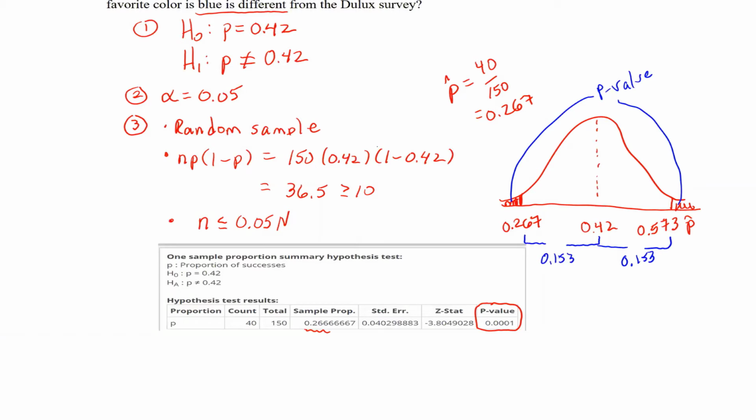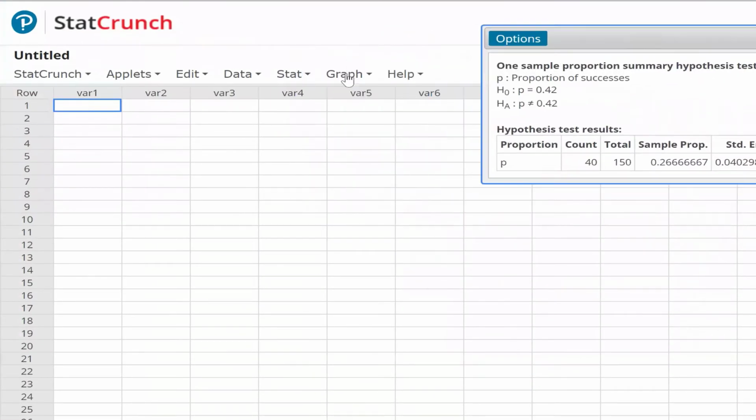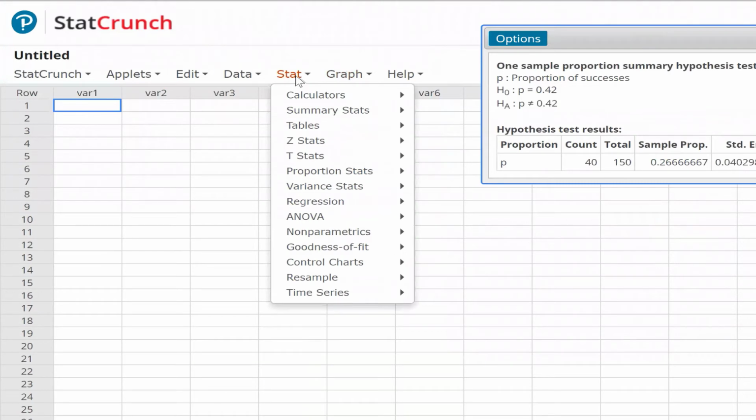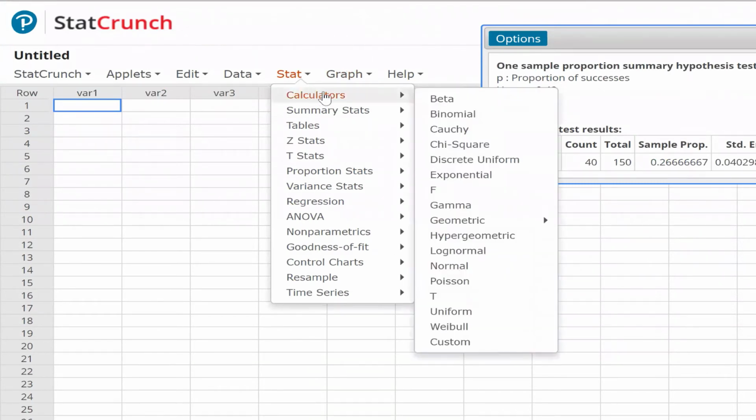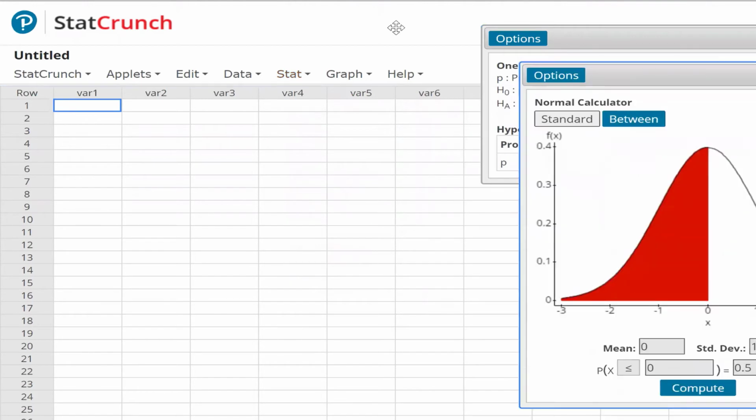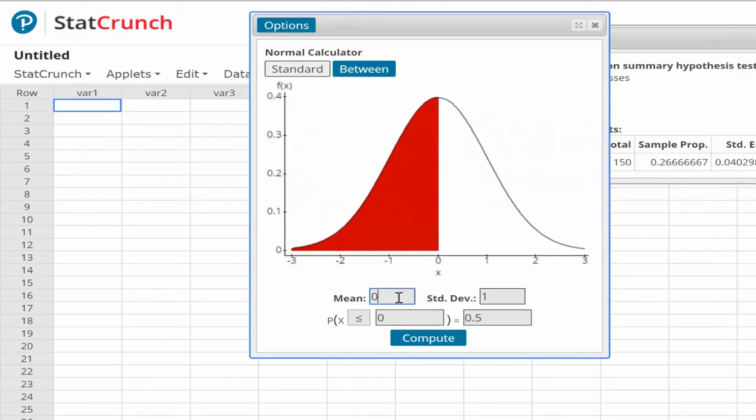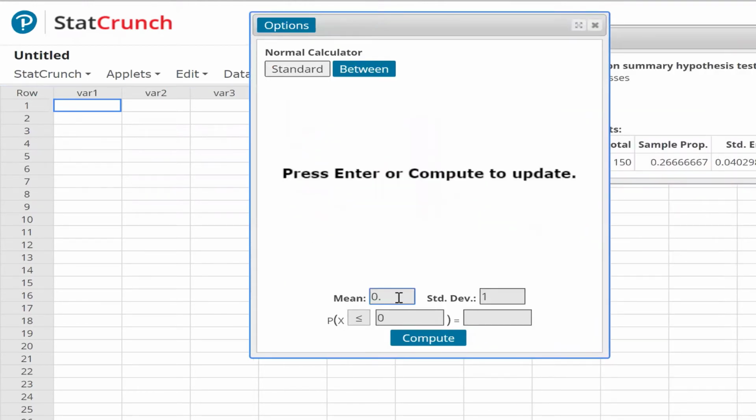So if we go back to StatCrunch and we select Stat, Calculators, Normal, we put in our mean of 0.42.